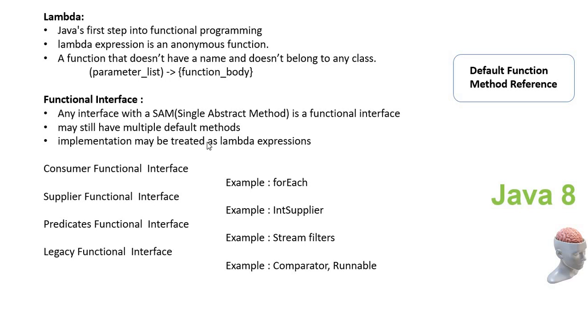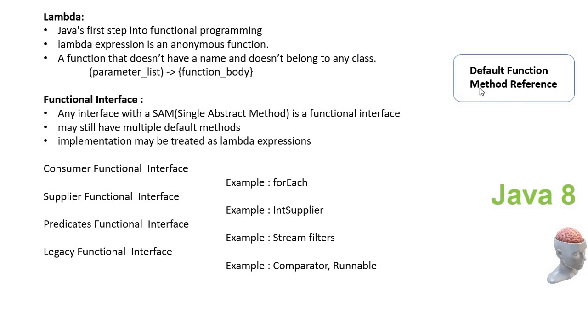That is the background behind the default method, and a functional interface can have any number of default methods. By default, Java provides a lot of functional interfaces. We have the consumer functional interface, the supplier, predicates, and some legacy functional interfaces. We can see these with examples.